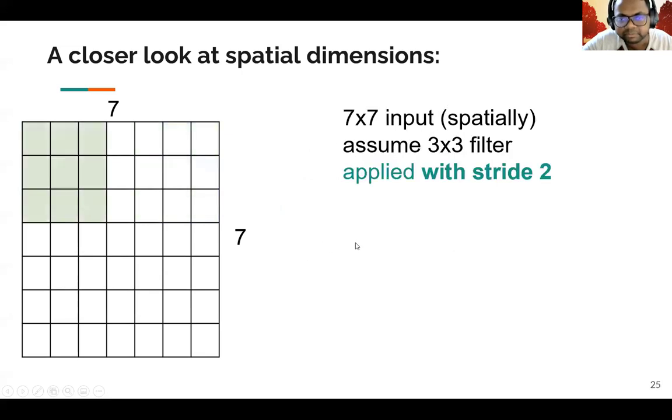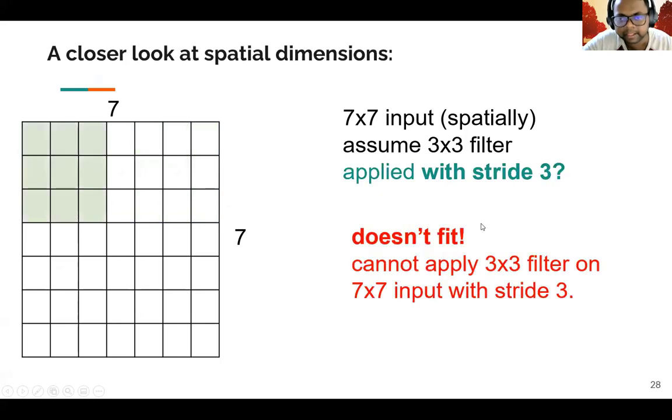Now let's say you perform the same operation with stride 2. That first gives you this, and then you get this, and then again another 3 by 3 comes here, and it gives you a 3 by 3 output. Now when you try to perform a stride of 3, it doesn't exactly apply here because you have a 7 by 7.